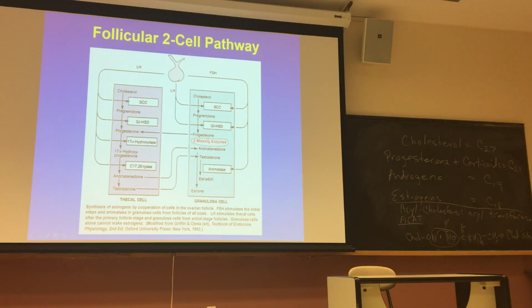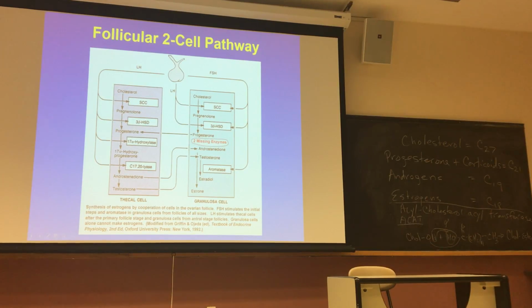As a result, it has to provide progesterone to thecal cells, and it has to utilize the androgen that thecal cells produce, and which diffuses out into the environment, including these next door neighbor granulosa cells, and then it acts using aromatase, which is stimulated by FSH, to cause the formation of this end product steroid. This complex, the major products formed are these, not these.